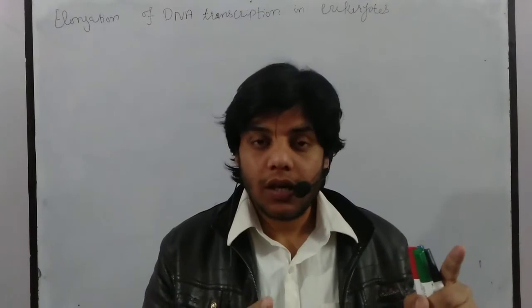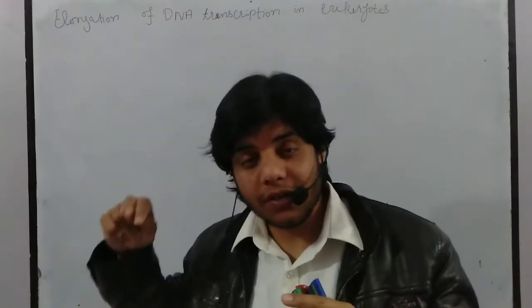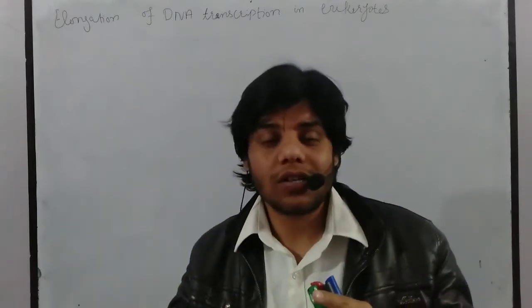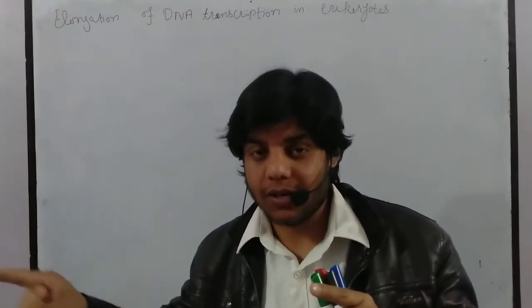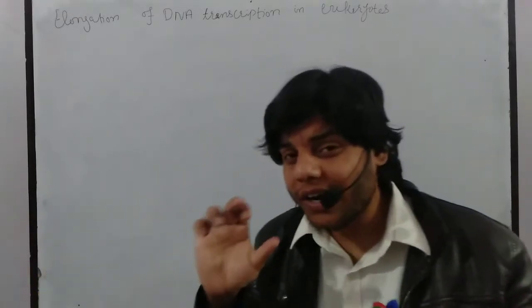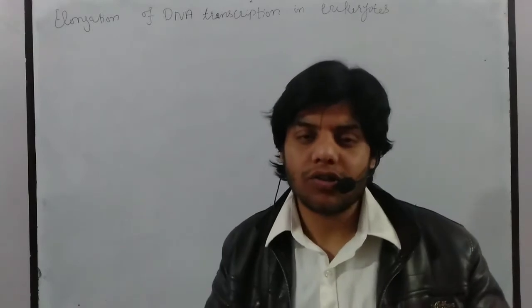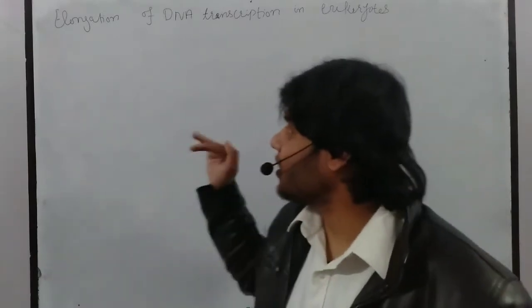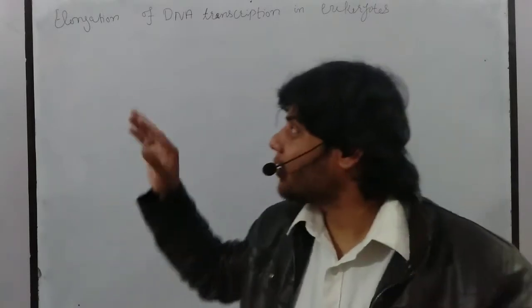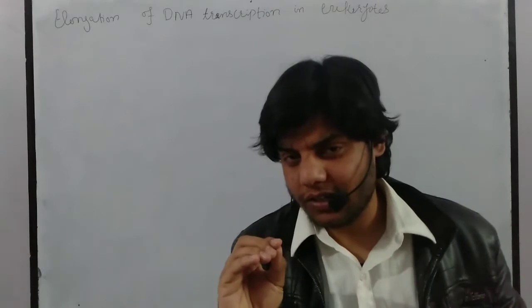So if you want to understand elongation in eukaryotes, you must watch the prokaryotic video lecture on elongation of DNA transcription in prokaryotes. Once you get an idea about that, this video will be very easy because both are similar. But a few transcriptional elongation factors are involved in this case, which make the elongation of DNA transcription a little bit complicated.